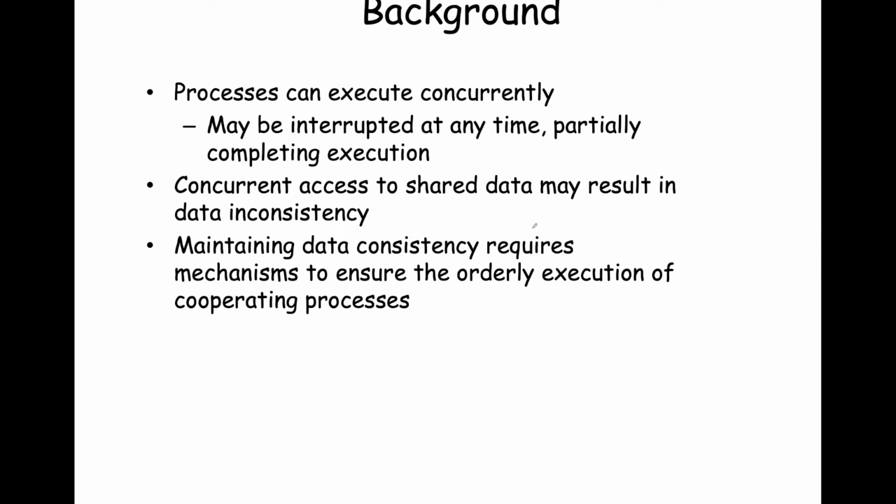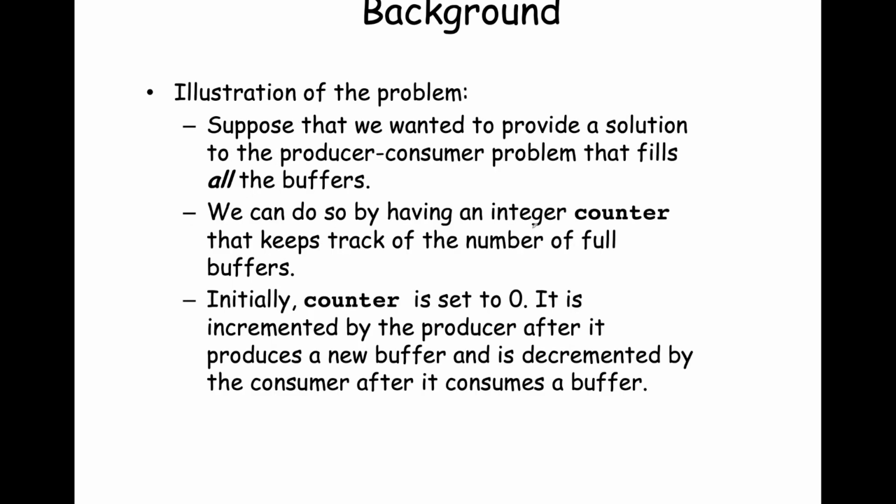And that orderly execution can be depicted as so-called serialized, one at a time, passes through the critical section code. And so to illustrate the problem, in the book, they look at the producer-consumer problem.